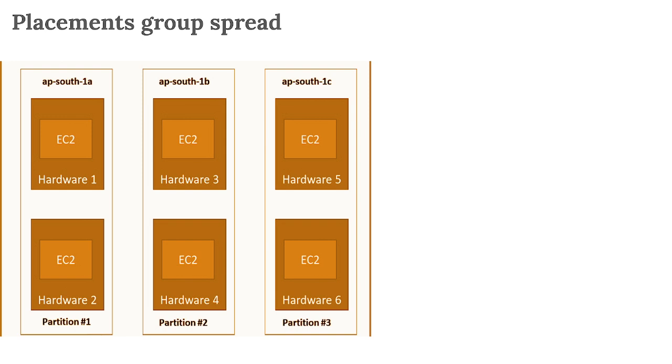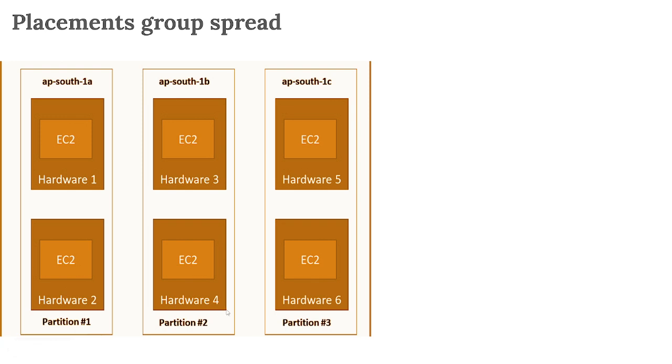These are located on different hardware. Suppose first is on AP South 1A, then next is AP South 1B, next is AP South 1C. So these are all located on different hardware. Suppose EC2 1 is on hardware 1, the next is on hardware 2, another is on hardware 3, another is on hardware 4. So what does that mean?